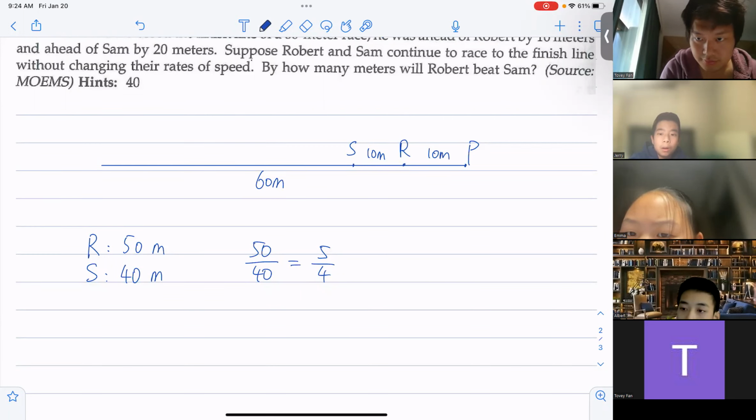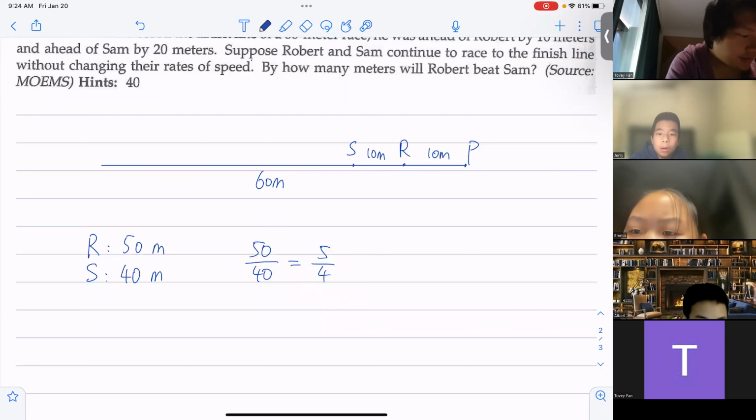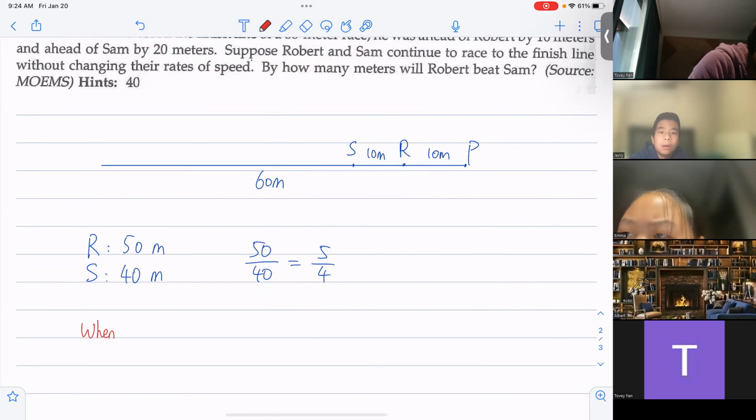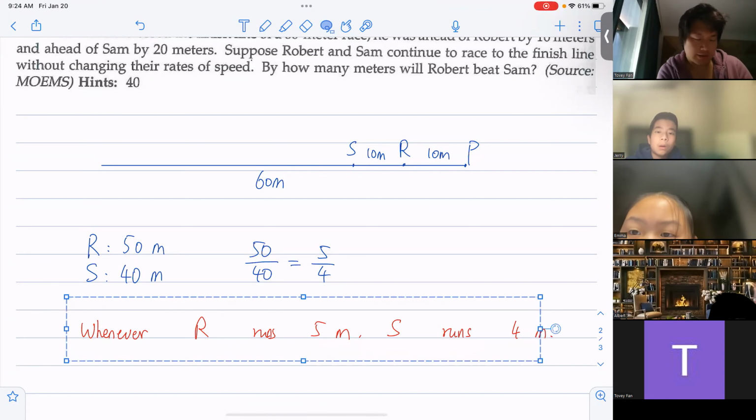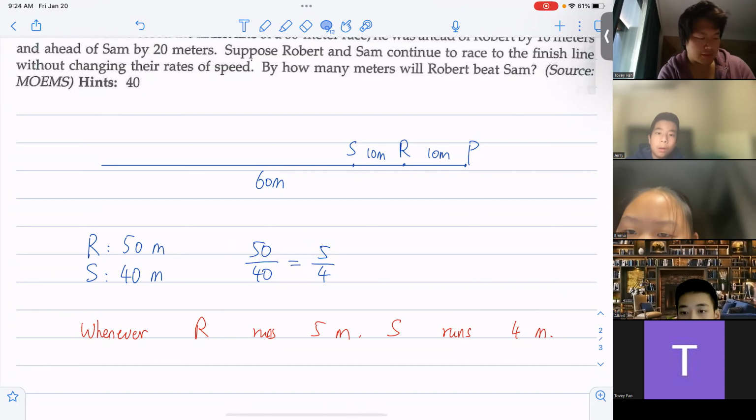Does that make sense? It's a comparison between their meters, right? 50 to 40. So, okay, I'm going to write it down. Whenever R runs 5 meters, Sam runs 4 meters, sorry. Does that make sense to you guys? 50 to 40, 5 to 4.